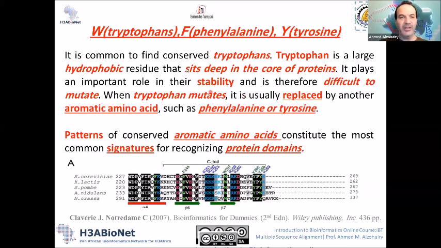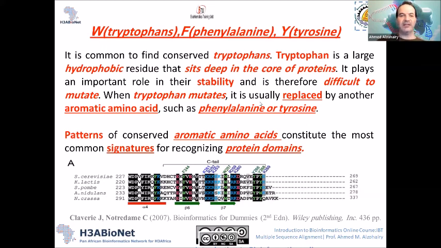Here we are looking, for example, why we're looking for tryptophan and phenylalanine, W with F and Y. This part, for example, W for tryptophan, phenylalanine F, and tyrosine Y. Why are we looking for that in a protein multiple sequence alignment, and what structure changes can be caused by it?